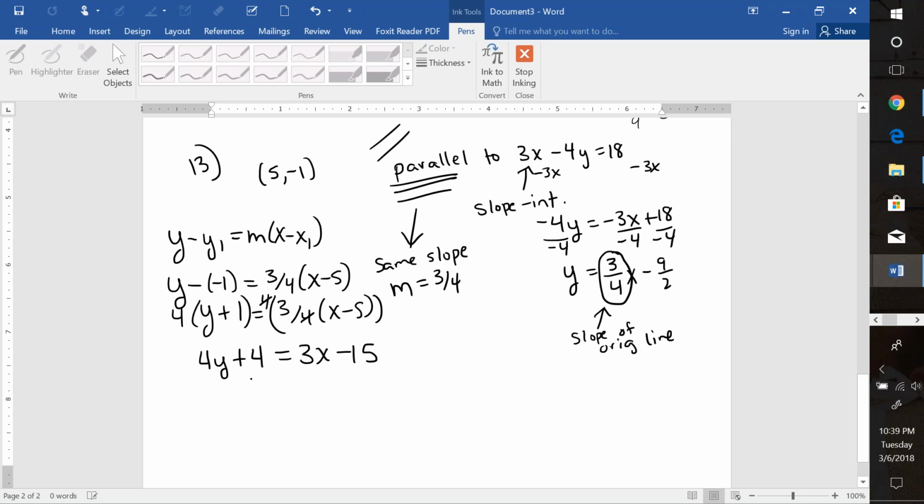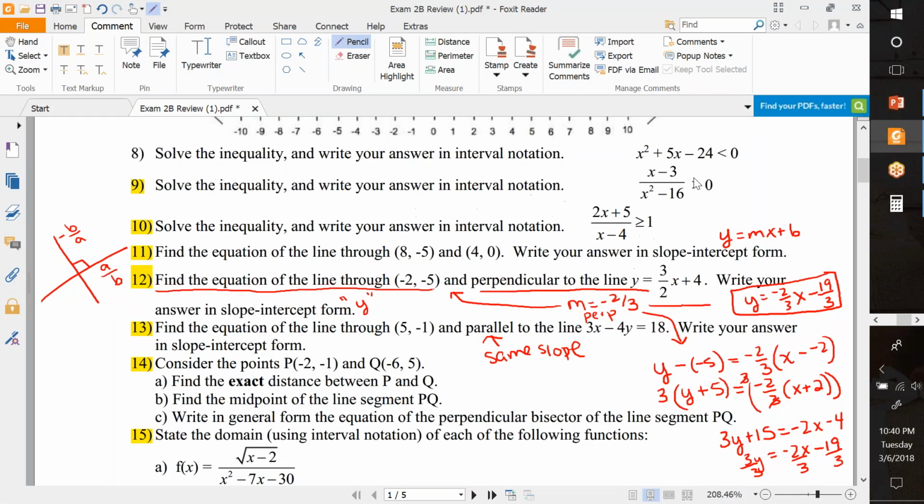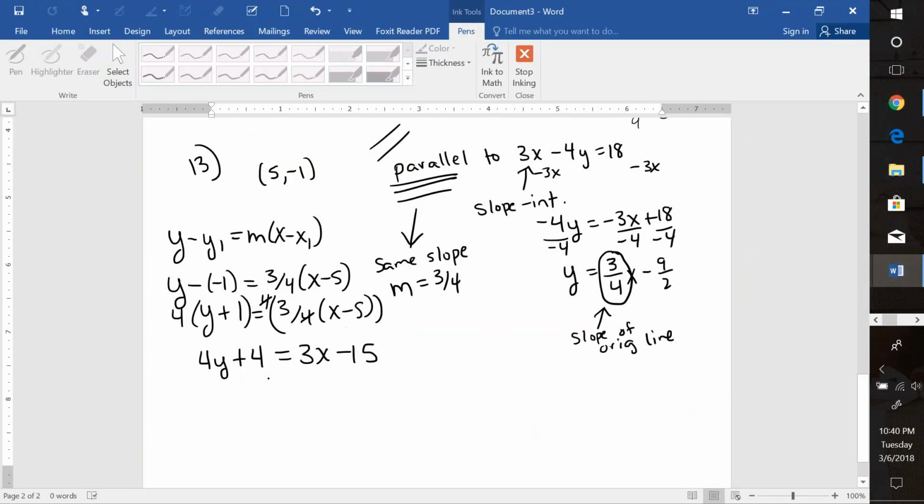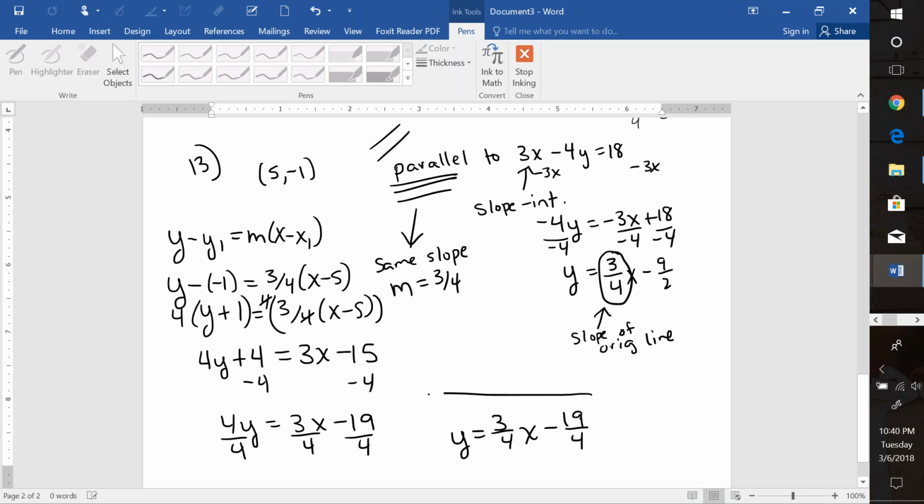And I believe our directions were slope-intercept again? Let me double check. Yes, slope-intercept still. So we're going to put this in the y equals mx plus b. So minus 4, which makes that minus 19, and then divide everything by 4. So my final equation would be 3/4 x minus 19 over 4.